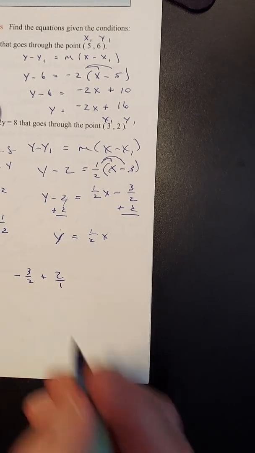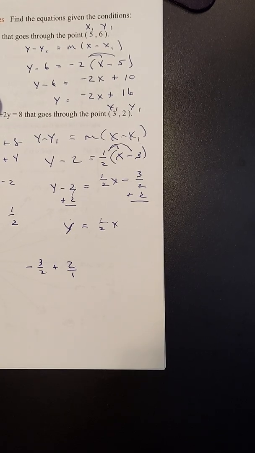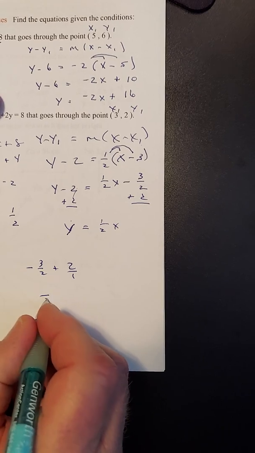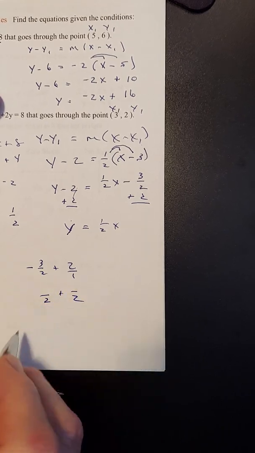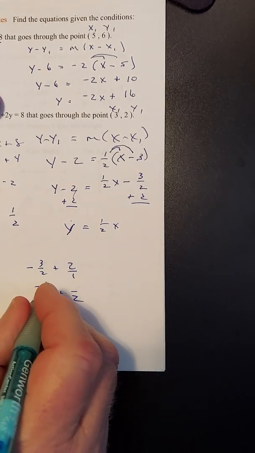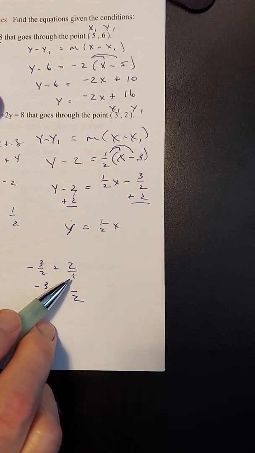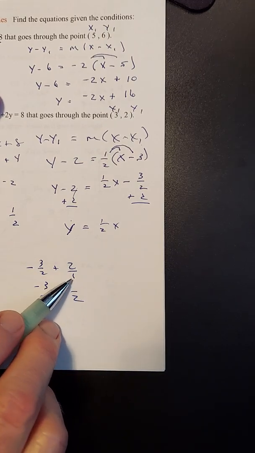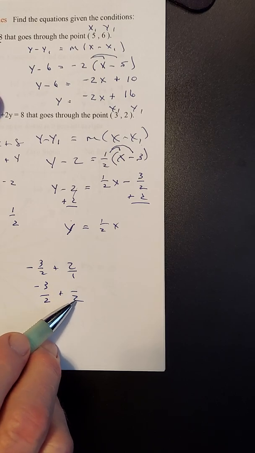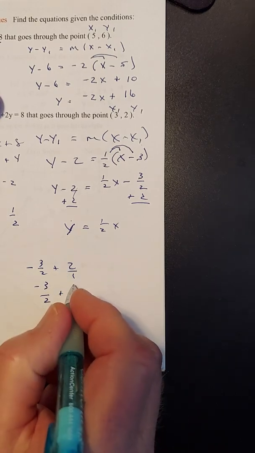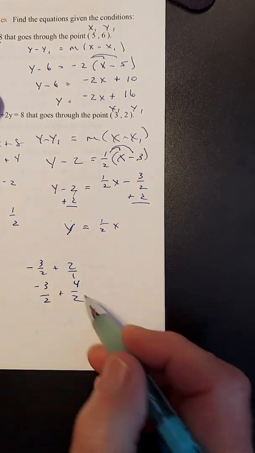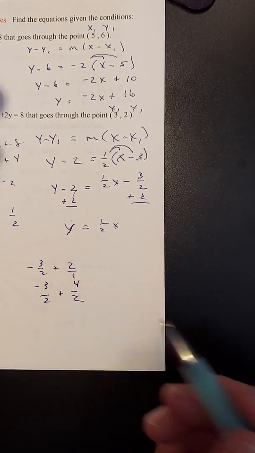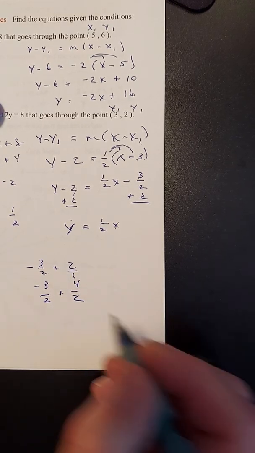Think of that as 2 over 1. And whenever you add, you got to have a common denominator. The common denominator here is going to be 2, which I've already got on the first one, so that's negative 3. To make that into a 2, I multiplied by 2. So 2 times 1 gave me 2 on the bottom. 2 times 2 on top gives me 4. Now, when you look at it this way, 4 over 2, 2 over 1, or 2, they're all the same thing.